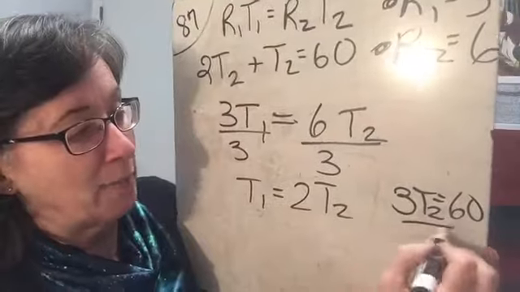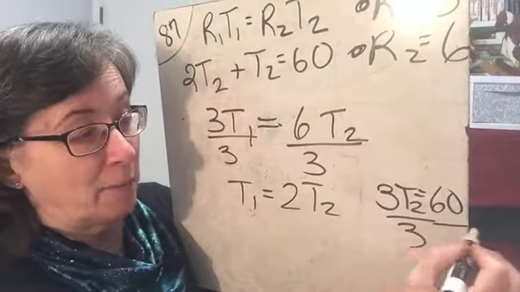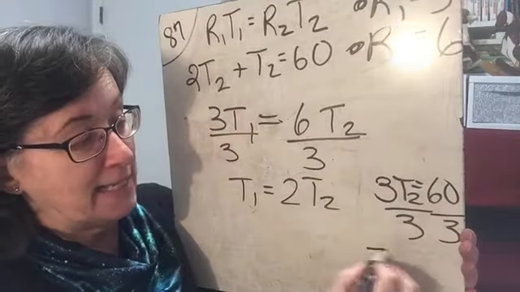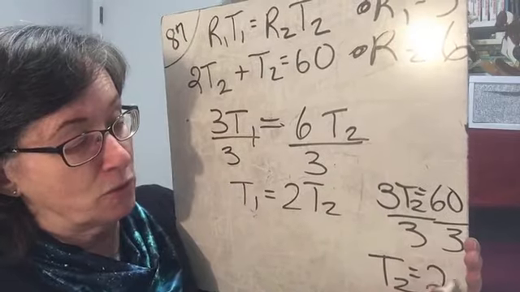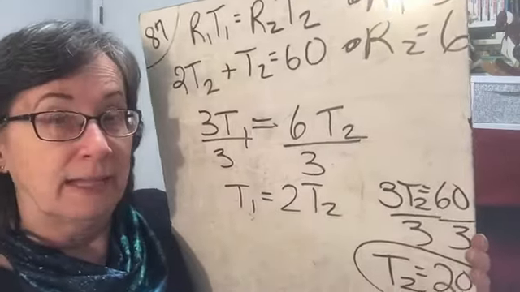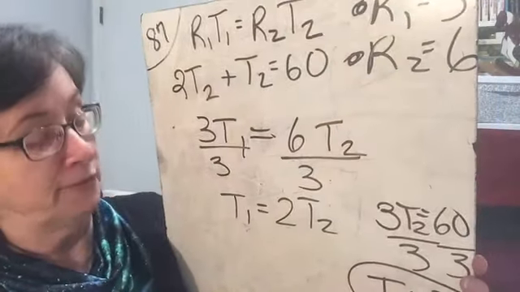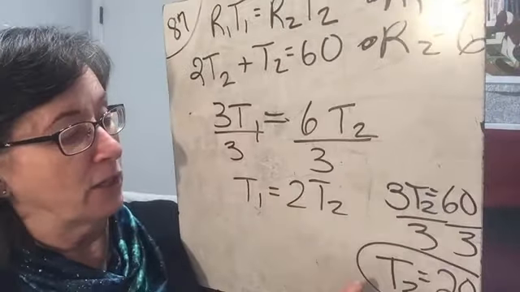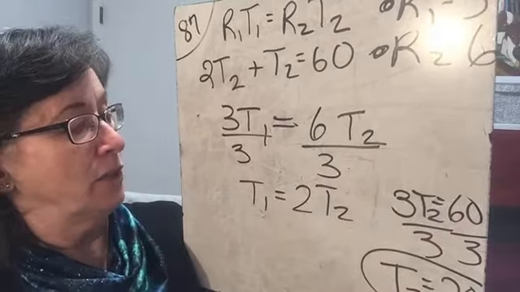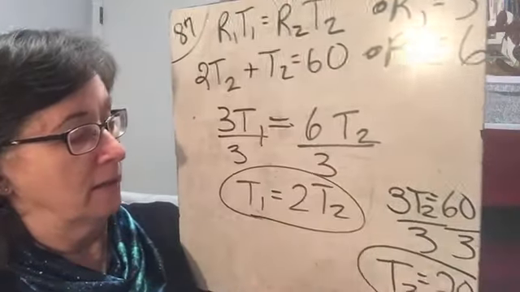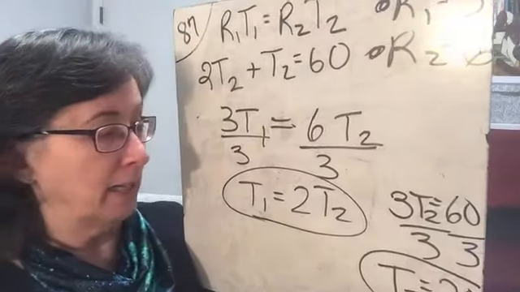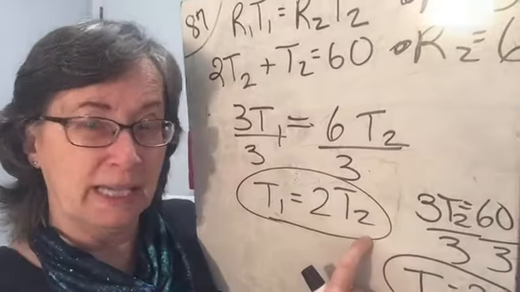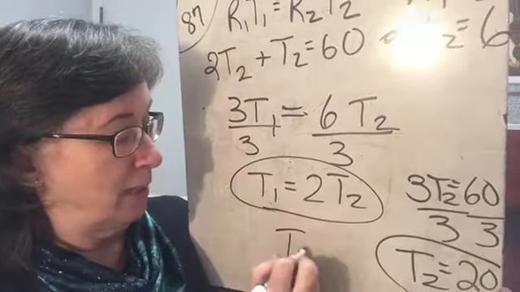So let's divide by 3 and divide by 3 on the other side. T2 is 20. Now let's go up and solve for the other missing variable. Okay, so let's go back to this one right here. We know that T2 is 20. So twice 20 is 40. So isn't T1 equal to 40?